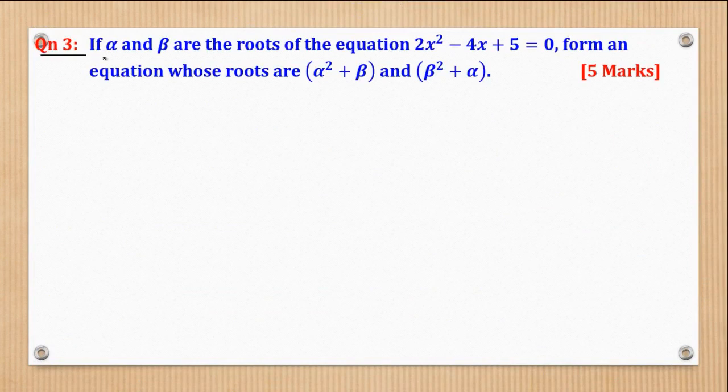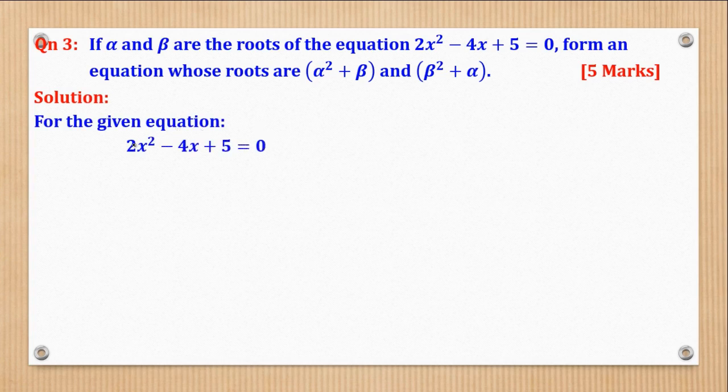Then question 3 says, if alpha and beta are roots of the equation this, form an equation whose roots are this and that. So just start from the given equation. The given equation is that. Then you have to divide by 2 to make the coefficient of x squared positive 1.